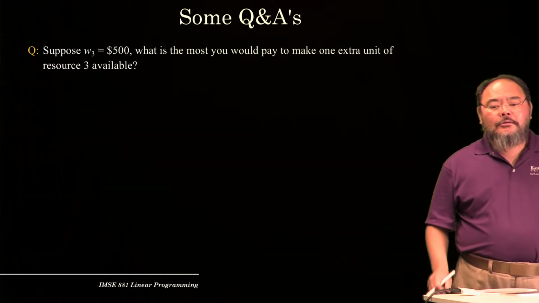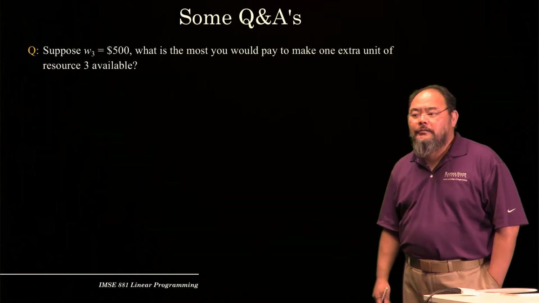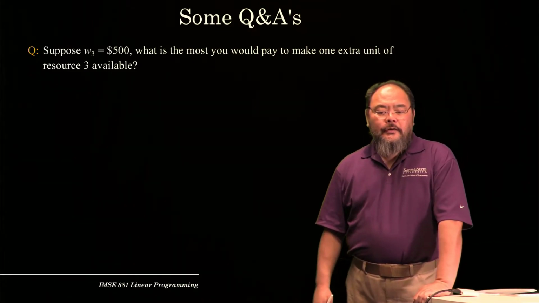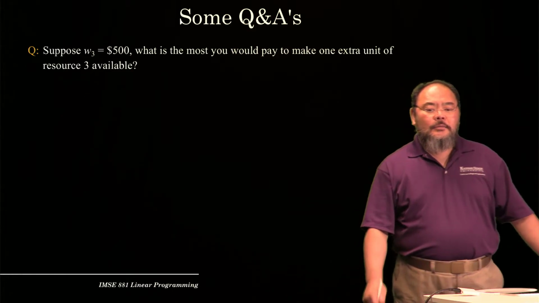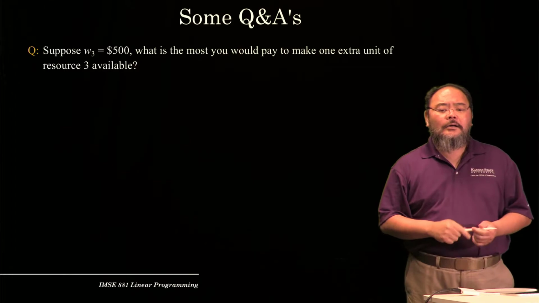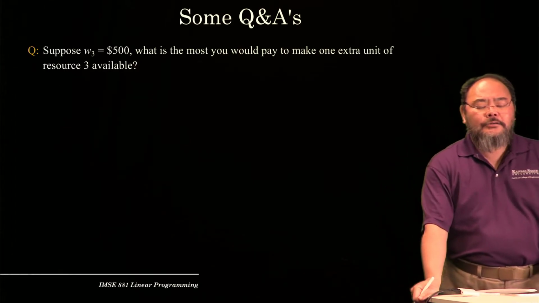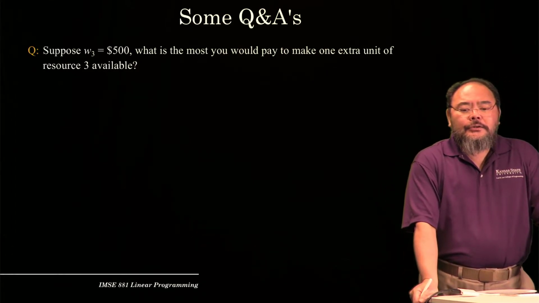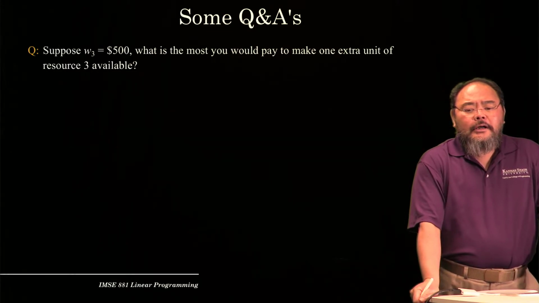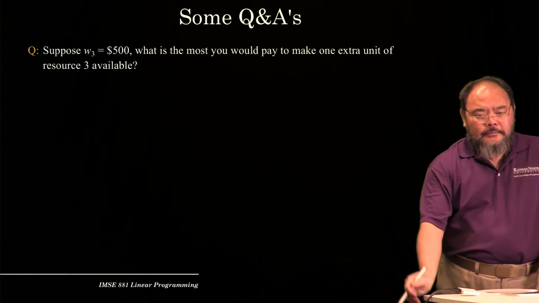Now some questions and answers, let's go over them and see if we understand the real meaning of the dual variable. First, supposedly we have omega_3 equal to $500 in our solution. What is the most you are willing to pay for getting one more unit of resource 3?